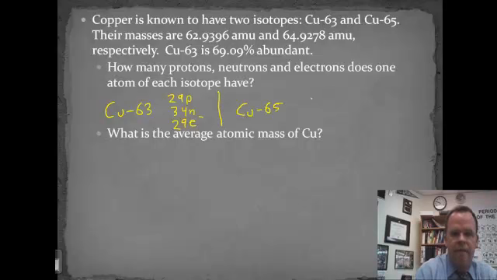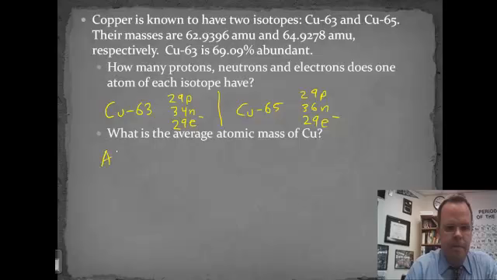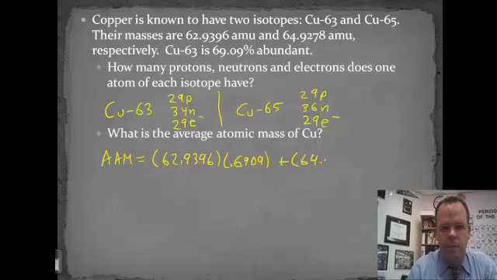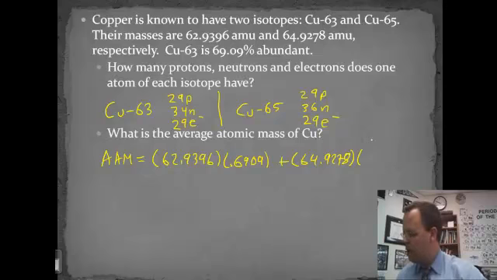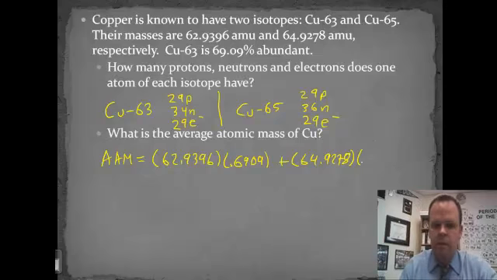Copper-65 has 29 protons still. It has 2 more neutrons, so 36 neutrons, and still 29 electrons. To do the average atomic mass, I need the percent abundance times the mass of each isotope, so 62.9396 times its percentage, 0.6909, plus the mass of the second isotope, 64.9278, times its percentage. It'll be 100 minus 69.09, since it's the rest of the percentage, so 30.91%, 0.3091.